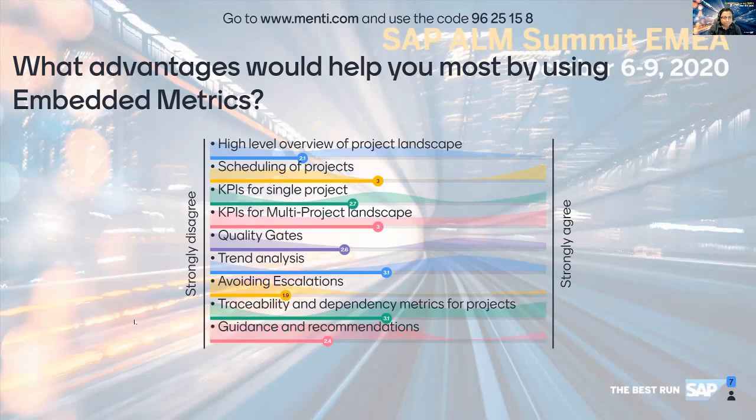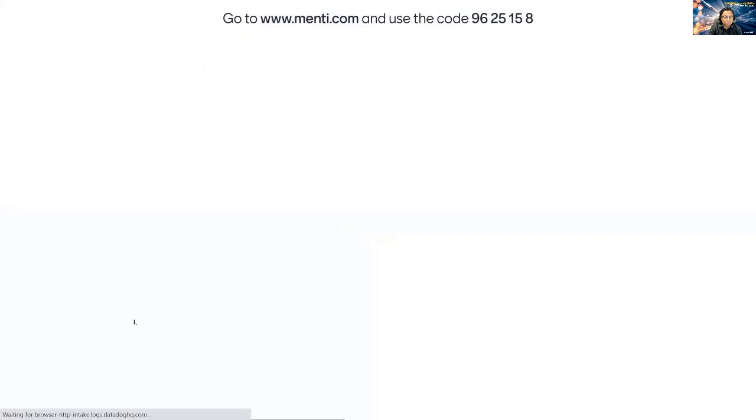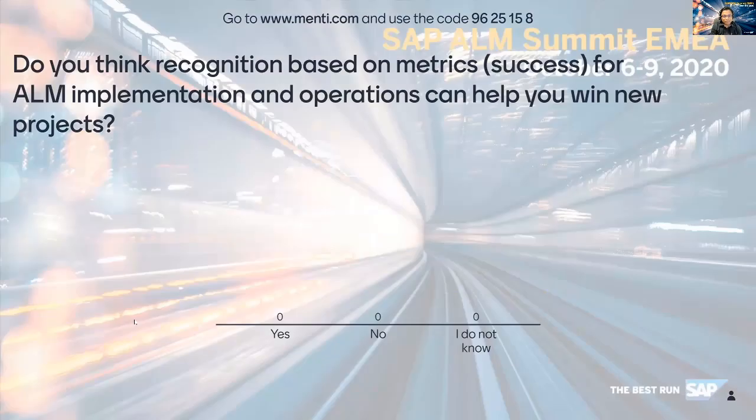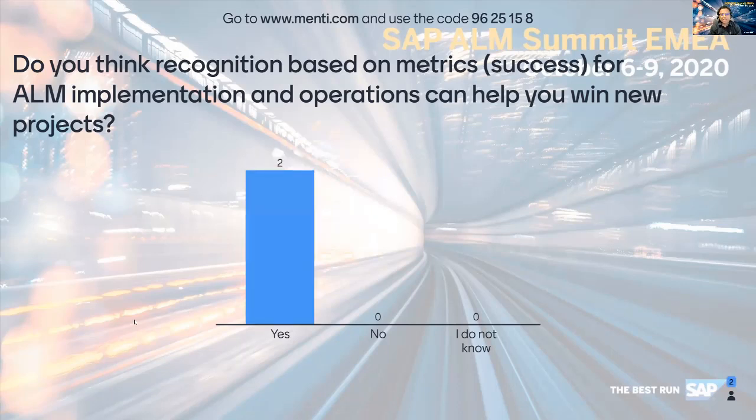And the next one is metrics. If metrics are there, especially for ALM and operations, will this help you win new projects? And especially if you can get a recognition based on that. Success of projects and then getting a badge around it. So that's the overall idea, where you can then have it as a reference, a nice badge.